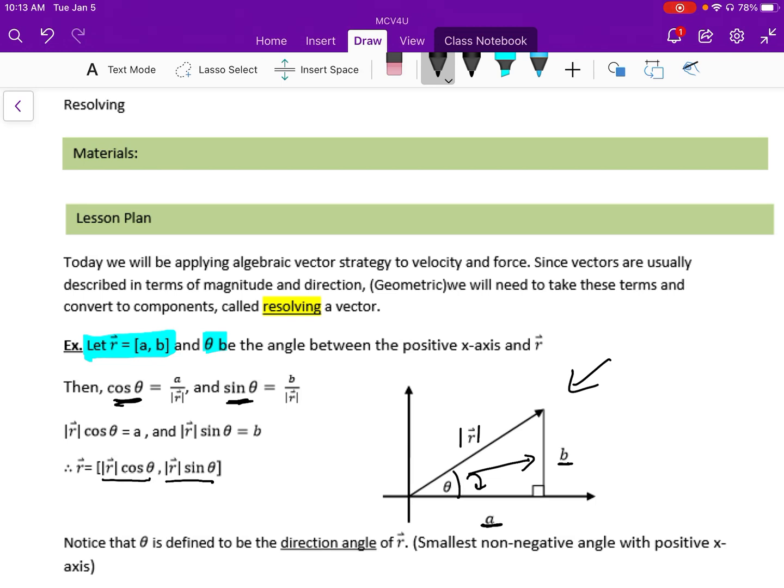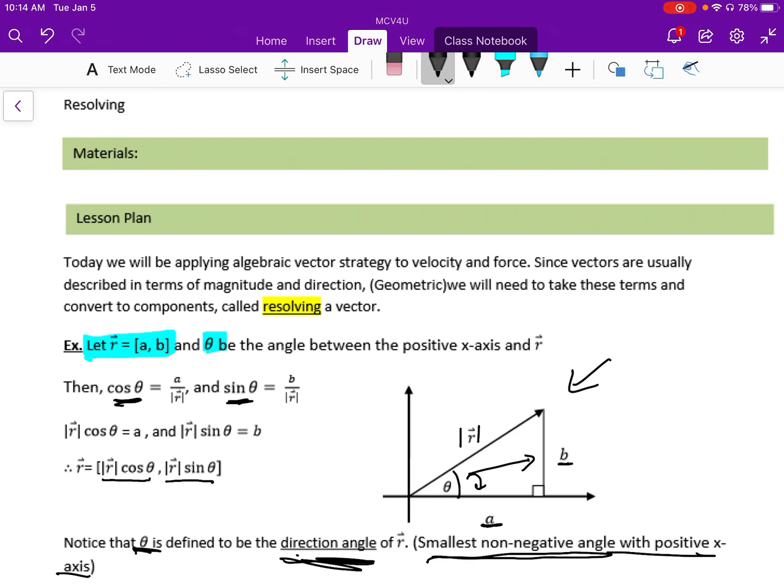Now, the small difference between this vector method and what I believe you were doing in physics is that we're not looking at related acute angles at all. We take theta to be the direction angle of r. It is the smallest non-negative angle with the positive x-axis.